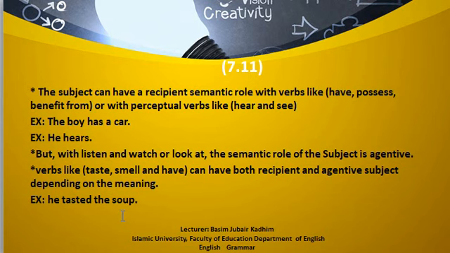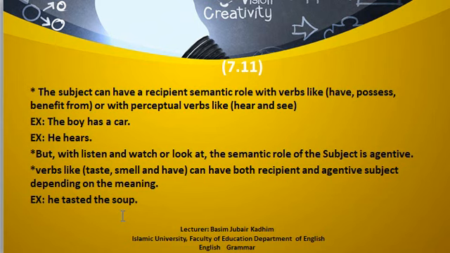Verbs like taste, smell, and have can have both recipient and agentive subjects. They can have both semantic roles of the subject: either recipient when they denote the meaning of perception, or agentive when they denote the meaning of action.